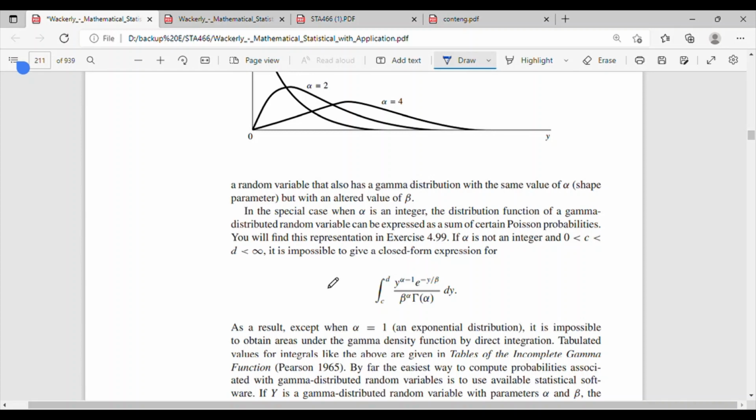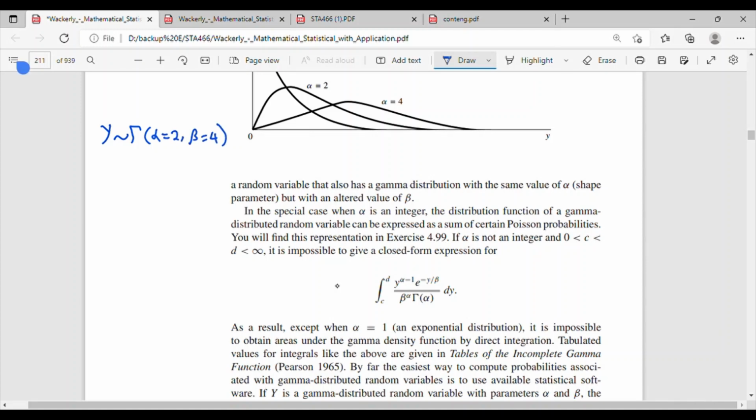So let's say, sometimes the question will tell you that variable y comes from a gamma distribution with some parameters. For example, y is from a gamma distribution with alpha equal to 2, beta equal to 4.